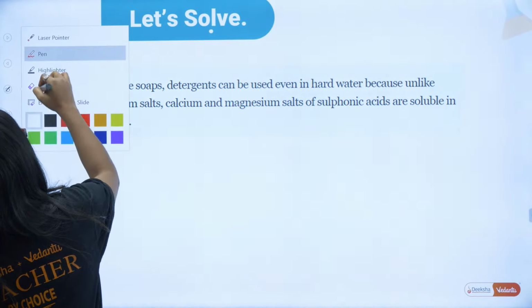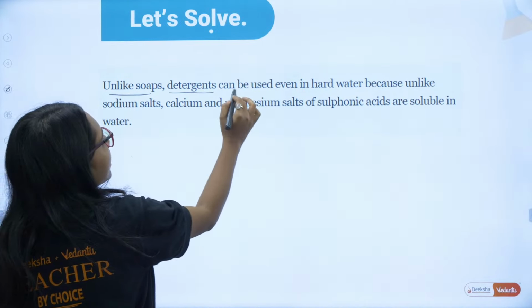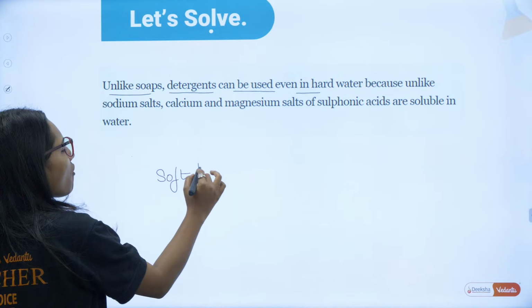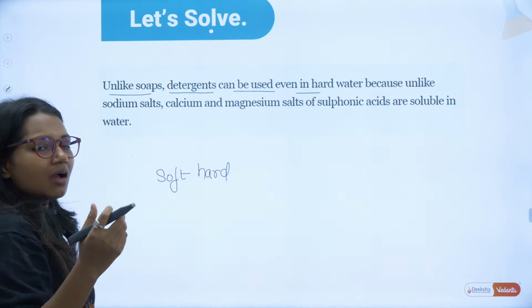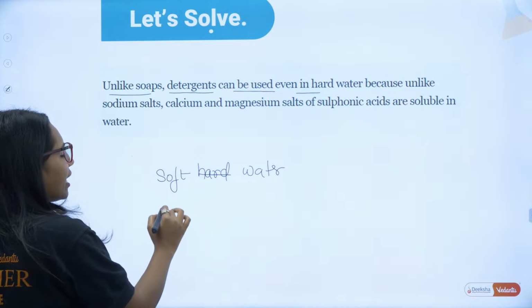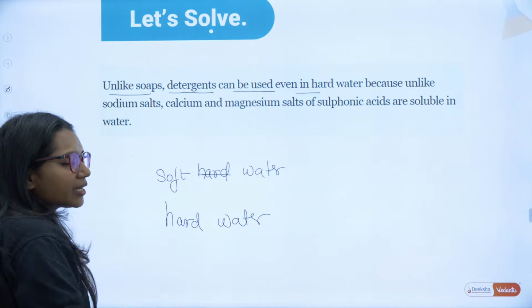Unlike soap, detergents can be used even in hard water. There are two types of water: soft water, which does not contain the harsh chemicals, and hard water, where the amount of salt is more.